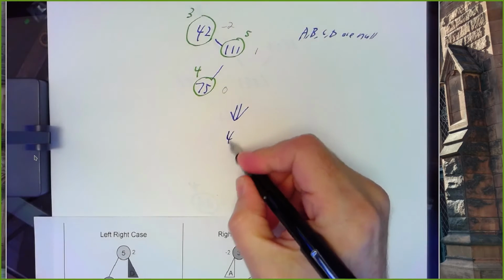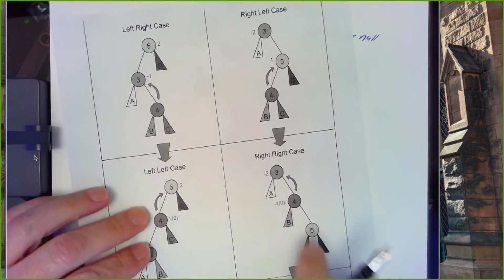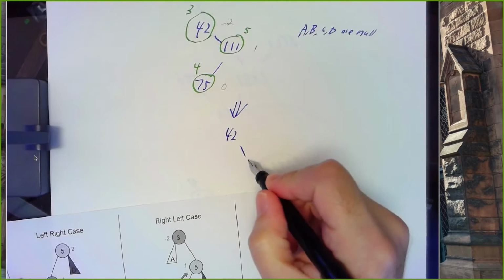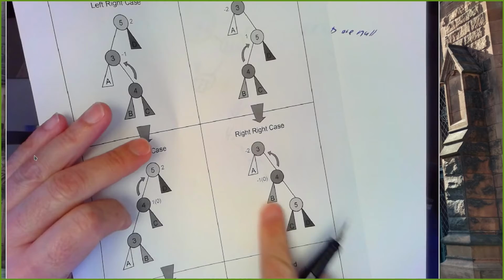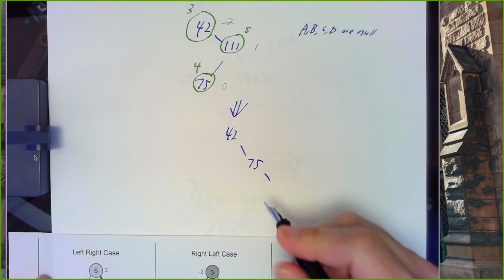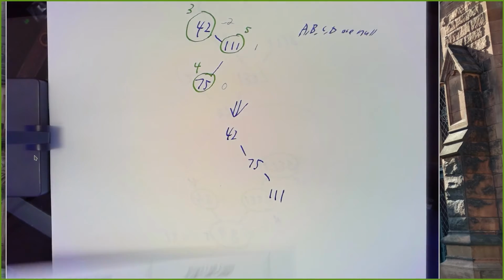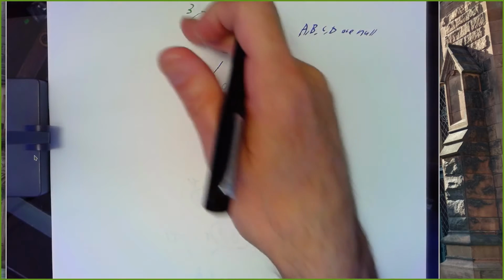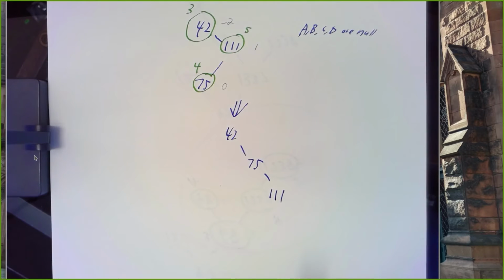So the new tree, the root is still going to be 42. The right child is going to be node 4, which is 75. And the right child of 4 is going to be node 5, which is 111. So the 42, 111, 75 changed into this.